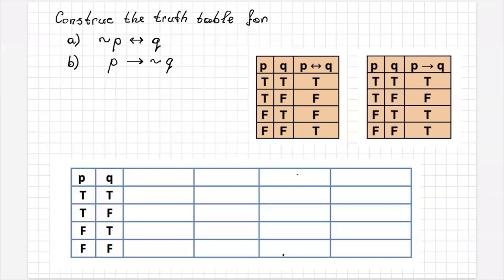What about the conditional statement? The result of the conditional statement is false only if the first argument is true and the second one is false. In all the other cases, it's true. So if the premise is true, but the conclusion is false, then the result of the conditional expression is false.